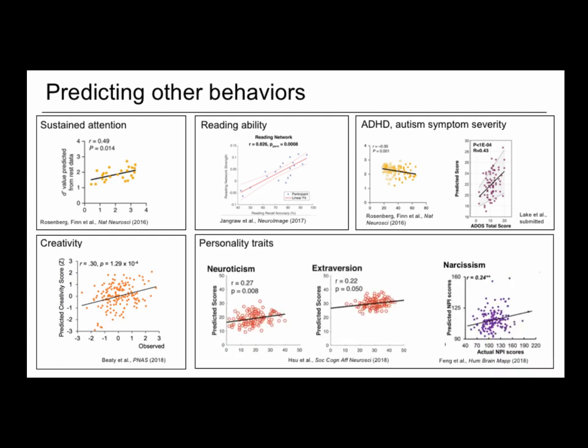And other groups have been extending this to predict personality traits like creativity, neuroticism, extroversion, narcissism, etc. I should emphasize there's still a long way to go. These predictions are far from perfectly accurate, but it's starting to suggest that we can capture meaningful variance in novel, previously unseen subjects in their behavioral measurements.